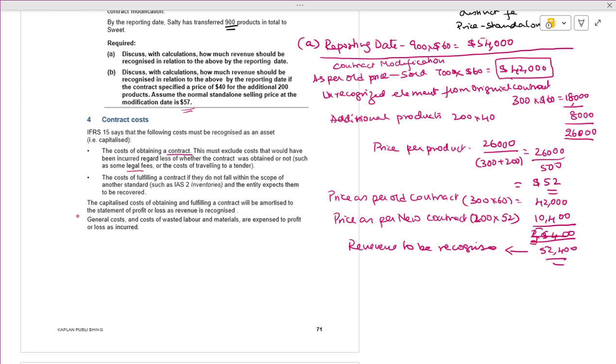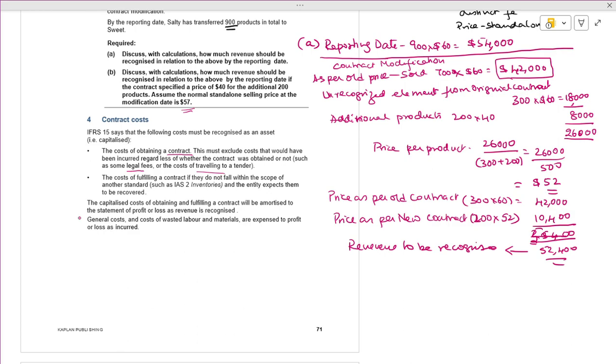You have the legal cost, you have the cost of travel into the country. These should be excluded. You are going for a contract, you will have some legal fees, you want to know the legality of the terms and conditions, you will take a legal opinion, and that has to be excluded.